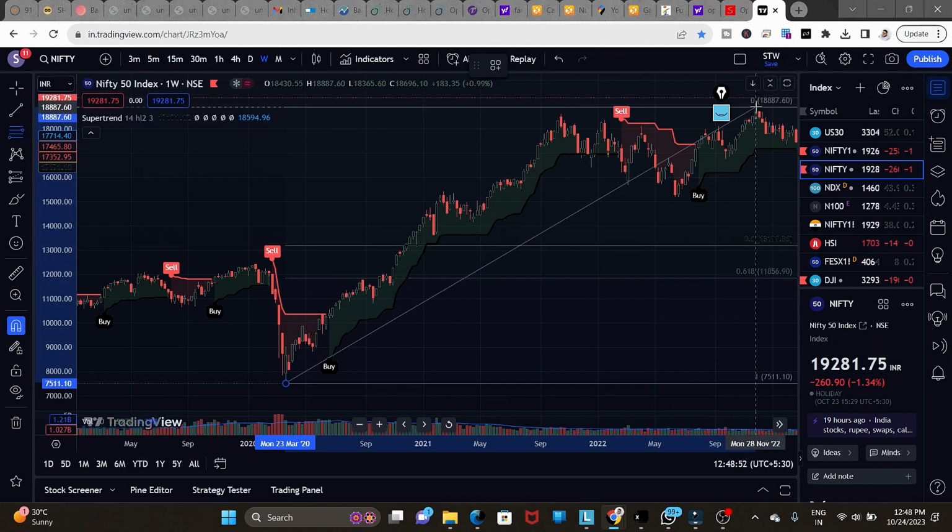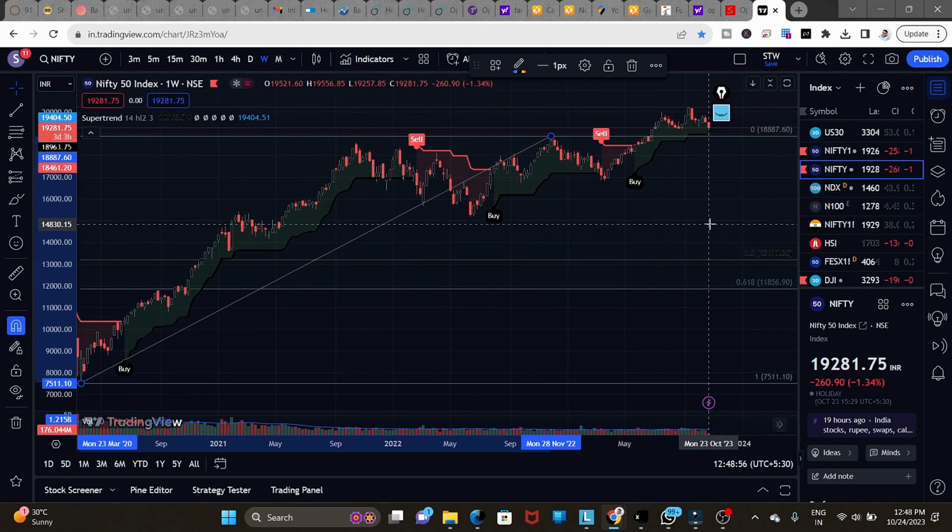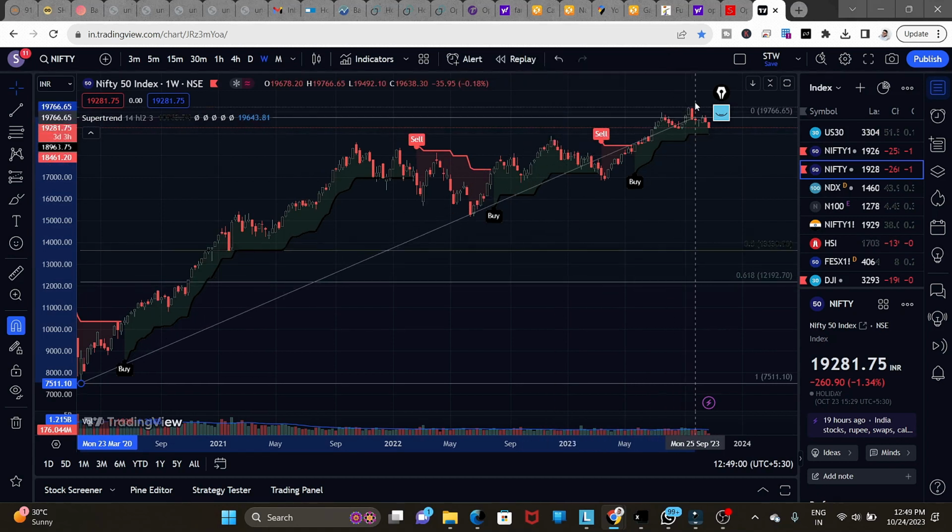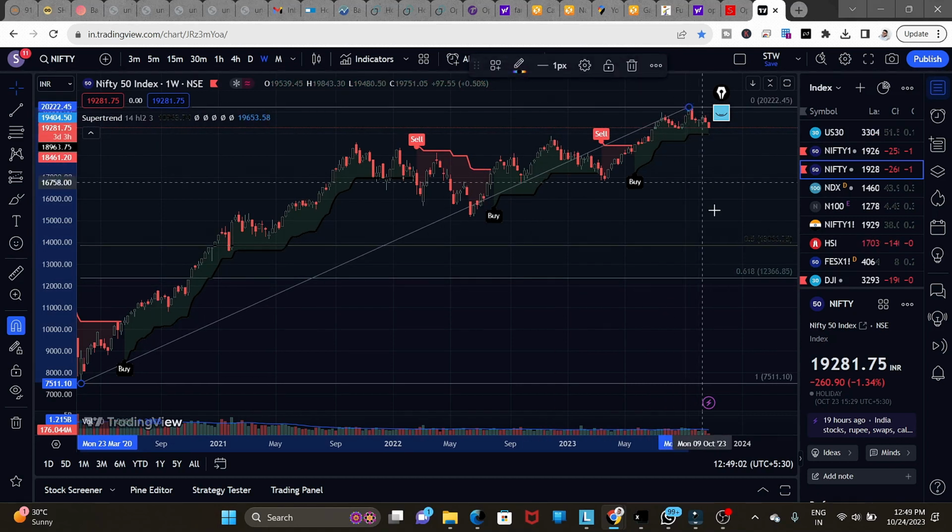So this is the point. Can we consider this as the high? Yes. Okay, the market has already touched this high. So now our golden ratio zone is about the 50 to 61% ratio, which is 13,000 to 12,036.